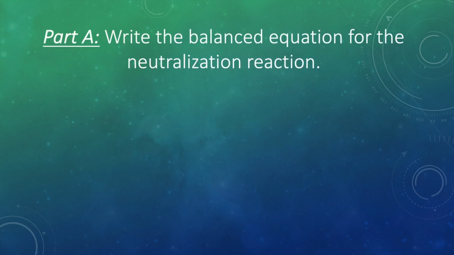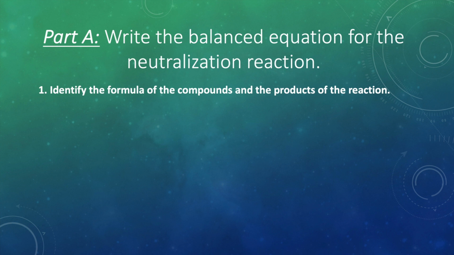So for part A, we have to write the balanced equation for the neutralization reaction. We have to identify the formula of the compounds and the product of the reaction. So we have sodium hydroxide and oxalic acid. They both react and form Na2C2O4 in water.